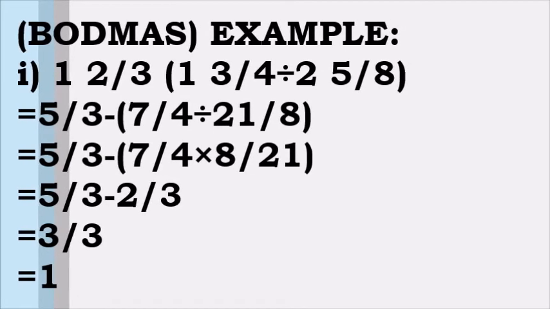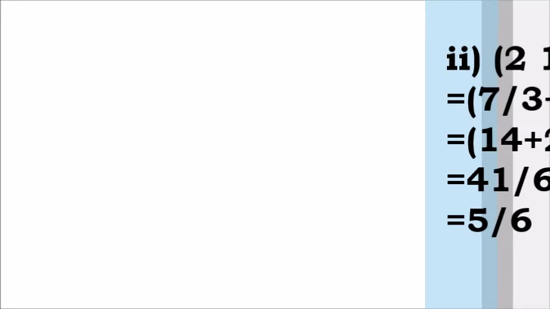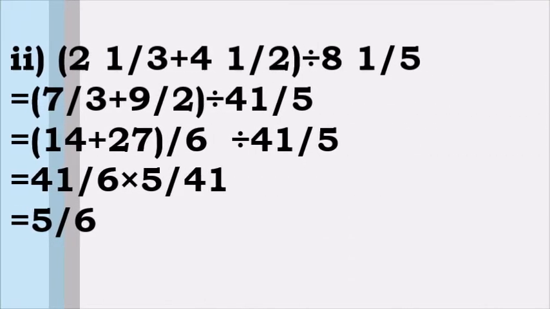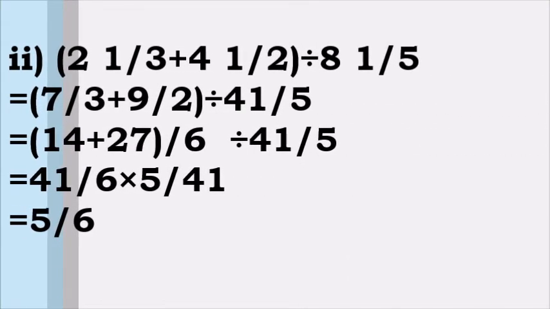Then the second solution, BODMAS. 2 whole number 1 over 3 plus 4 whole number 1 over 2, divided by 8 whole number 1 over 5. You solve the one in the bracket first.